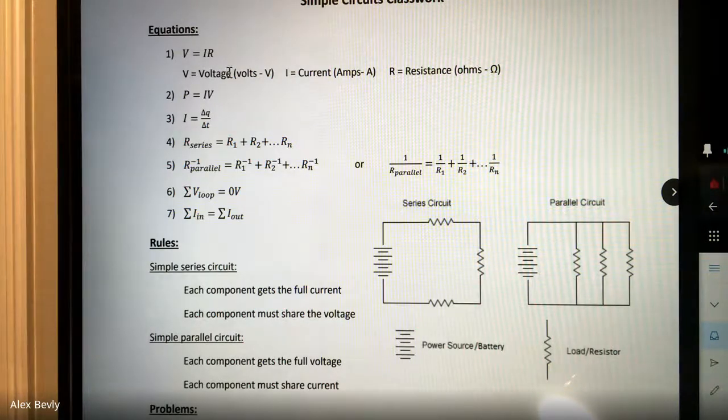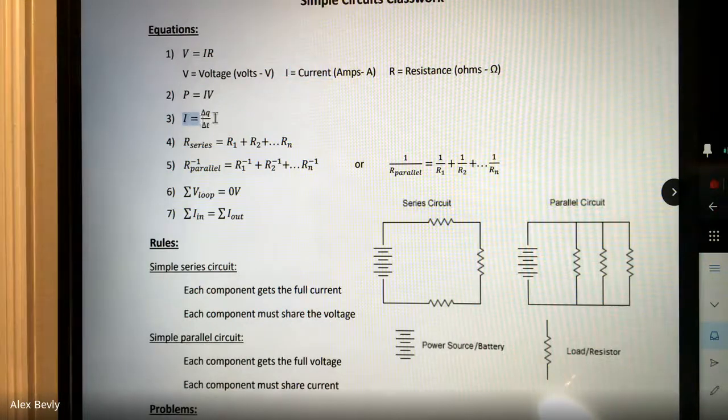The battery pushes the charges through the wire. This is what makes things go. Current is the moving charge through the wire. It's the electrons moving through the wire. So how many electrons flow through the wire per second? And we have a whole other equation for this. Current is the amount of charge flowing through a wire per second, per time.